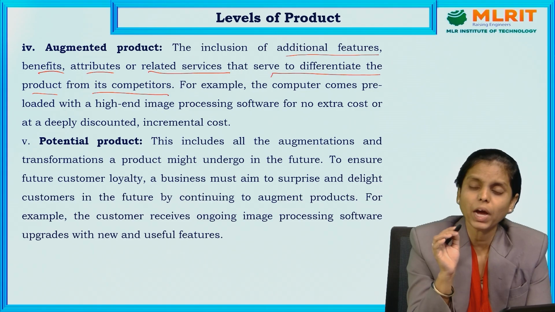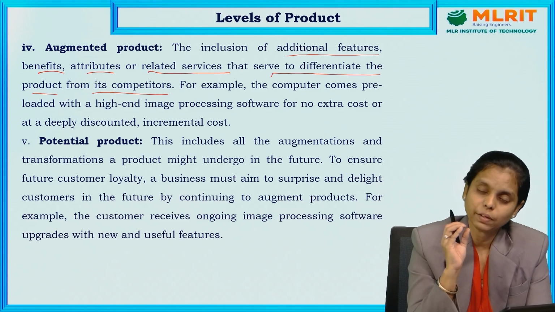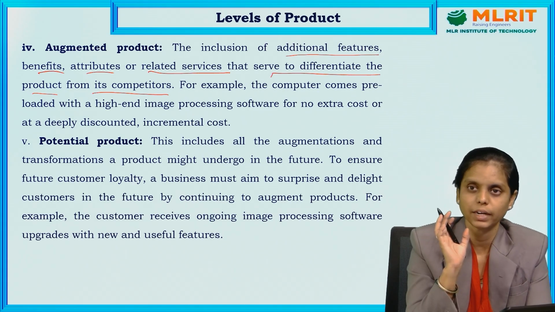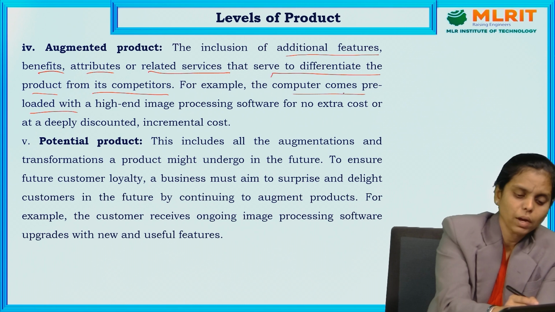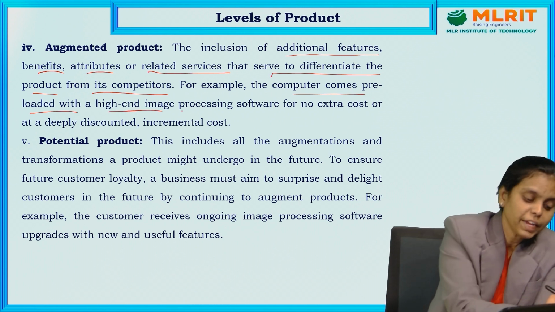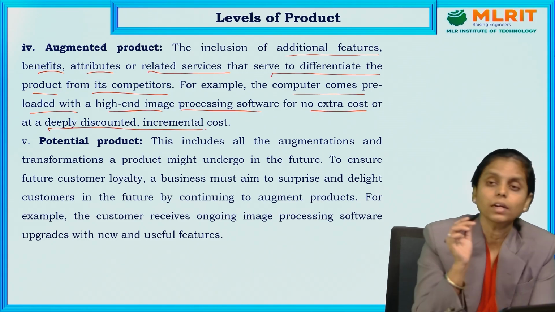So we use certain characteristics of a product to differentiate it from other competitors, and that we consider under the augmented level. For example, take the same computer example: preloaded with high-end image processing, no extra cost required, discounts and all.